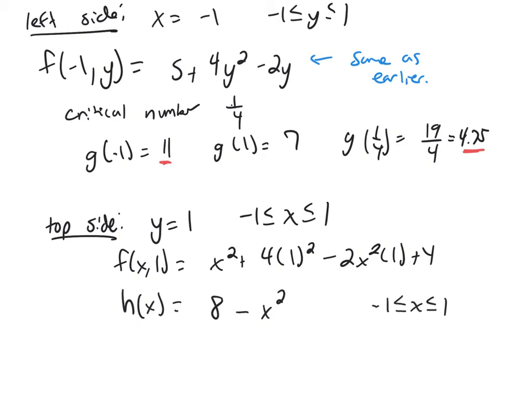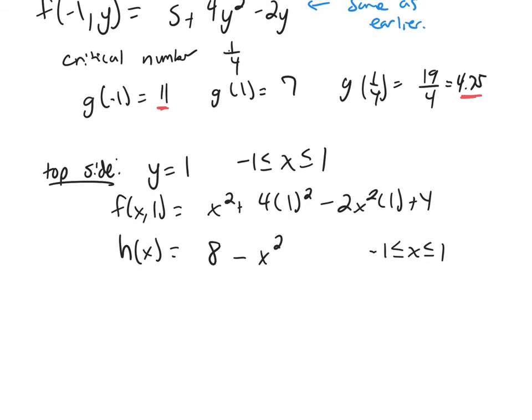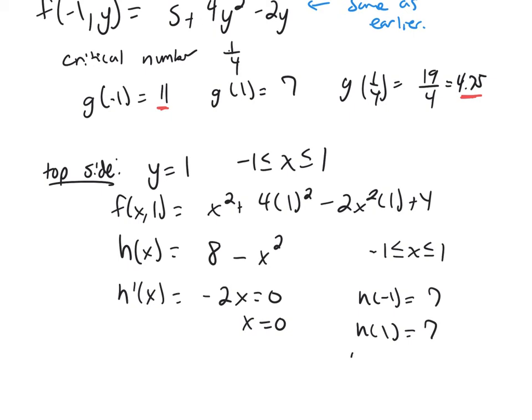X is between -1 and 1. Find our critical numbers inside of that interval. We get x equals 0. So I'm going to plug in h of -1 is 7, h of 1 is also 7, h of 0 is 8. So my minimum value was 7, my maximum value was 8.